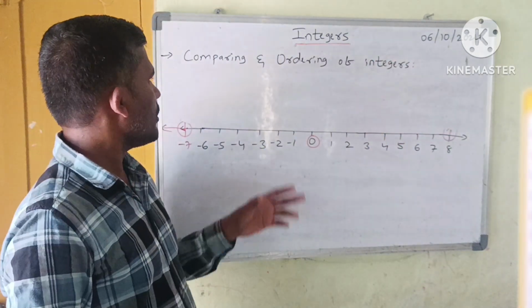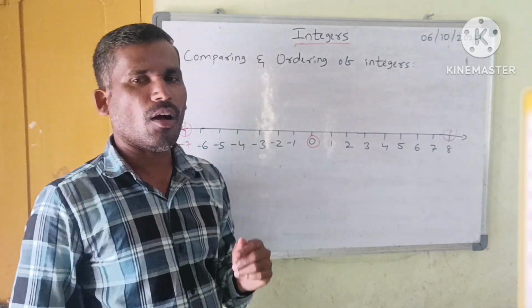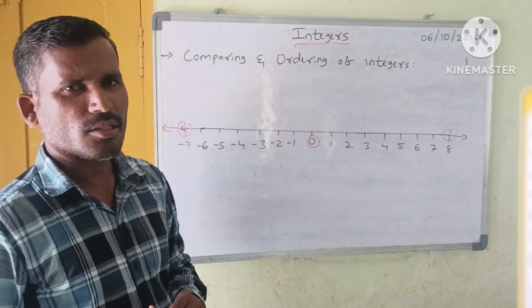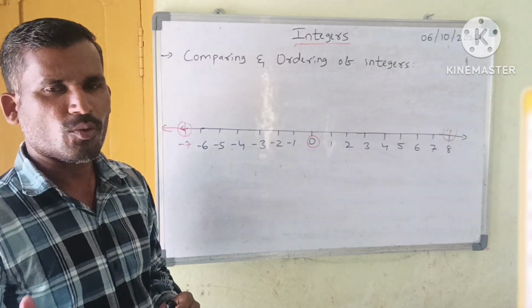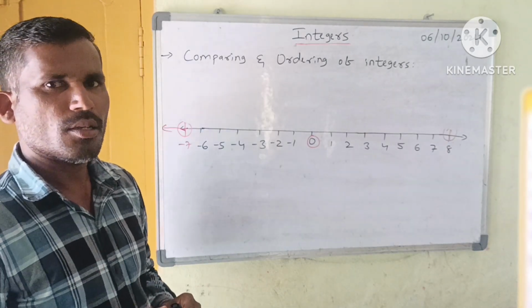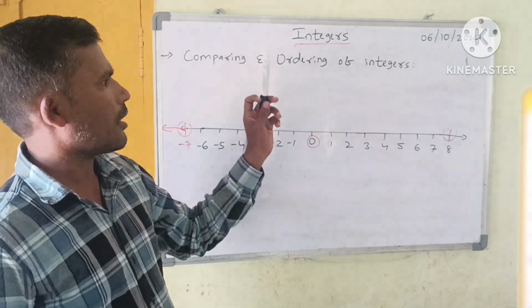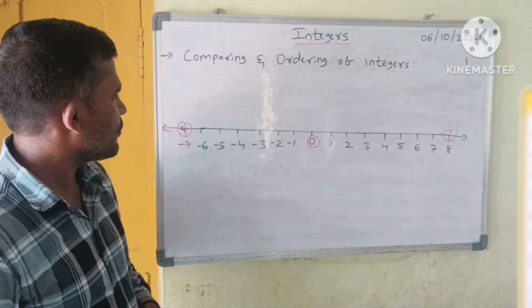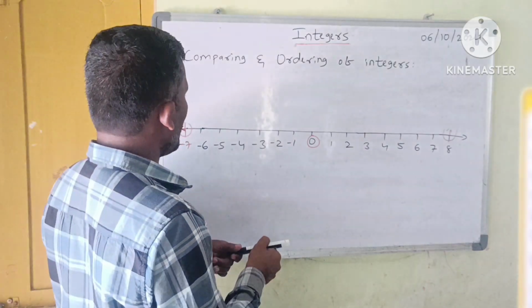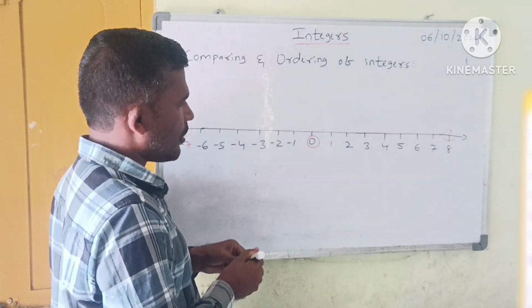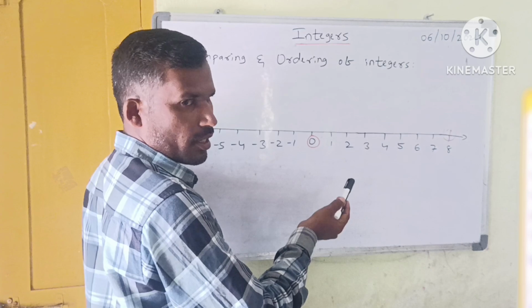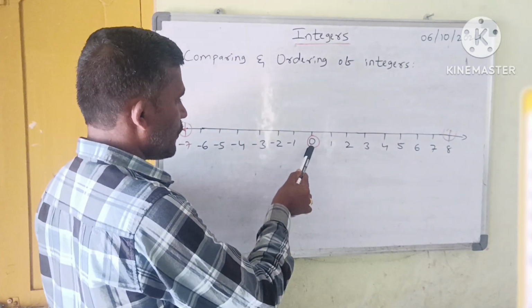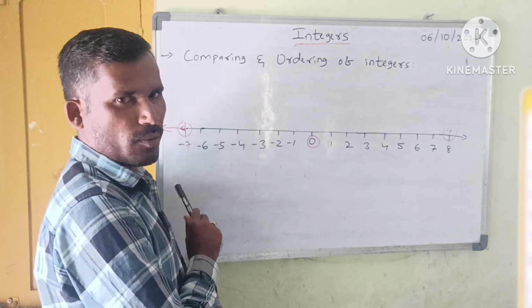Next, the topic is comparing and ordering of integers. How do we compare integers? In whole numbers we compared which one is bigger and which one is smaller. Similarly here also we can compare the integers, positive or negative. Once again, the right side of 0 is positive and the left side of 0 is negative numbers.